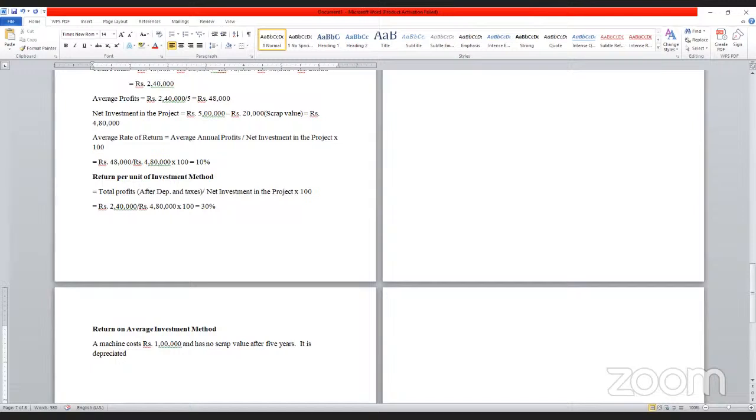It is depreciated on straight line method. So now we calculate this.